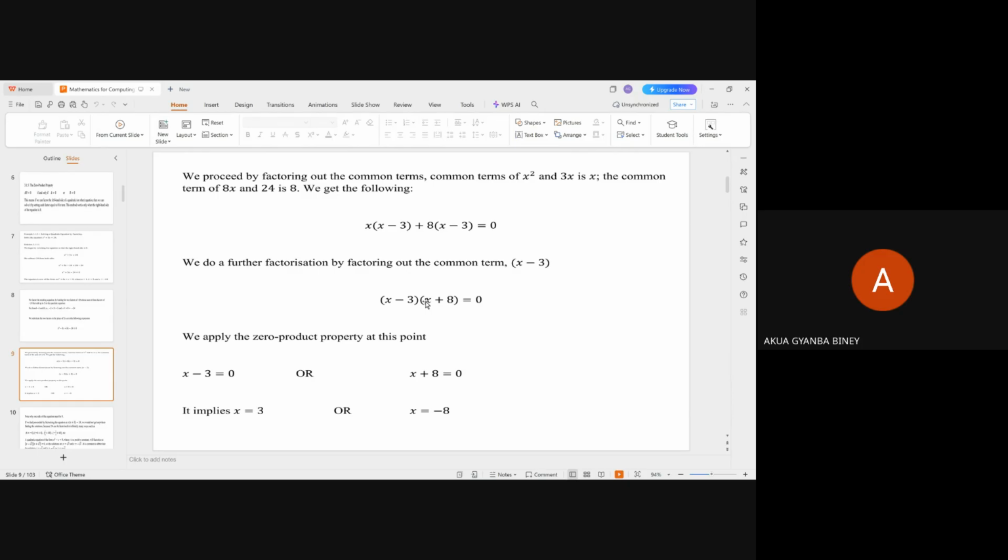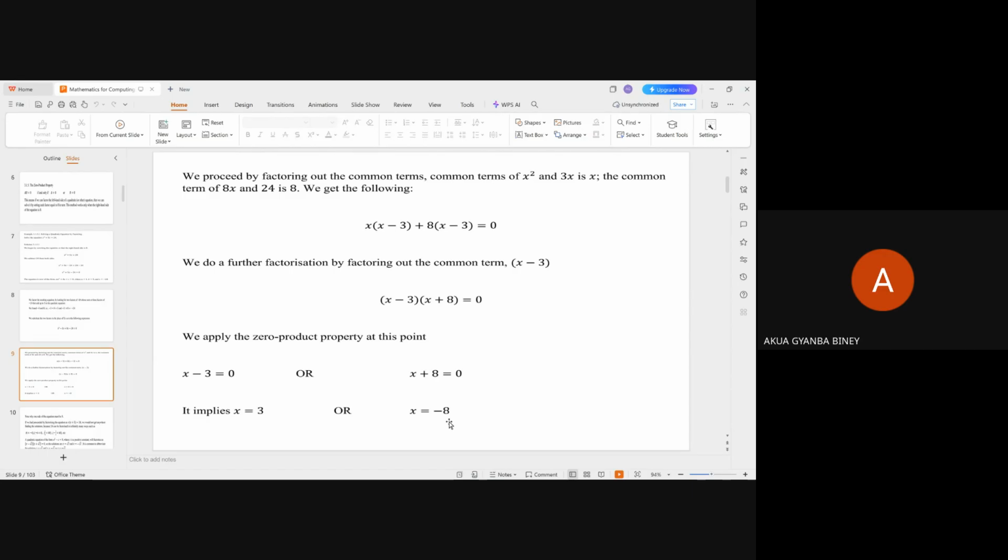Now, you apply the zero product property: for each of the terms, you equate it to 0, and then you make x the subject. For this particular term, x minus 3 is equal to 0, and for this term, x plus 8 is equal to 0. So you get x equals 3 and x equals minus 8.